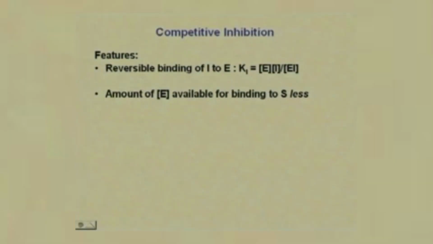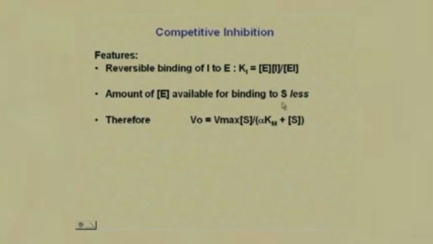What other features do we have? The amount of enzyme available for binding to substrate is less. Why? Because the inhibitor has taken some of the enzyme. But effectively, the total enzyme is the same. What we have to look at now is the expression for V. How does that change?